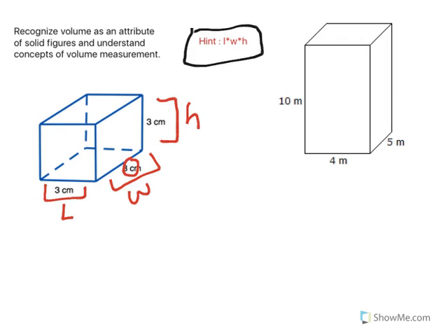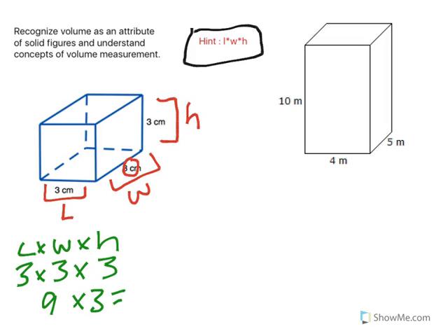So based off my little hint here, which is the formula for volume, we know that the volume of this figure is our length times width times height. So we figured the length is 3, the width is 3, and the height is 3. So 3 times 3 is 9, times 3 equals 27. So the answer is 27.